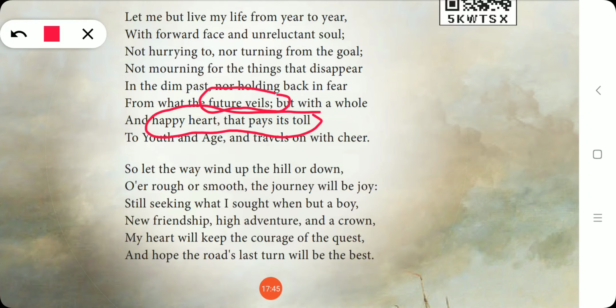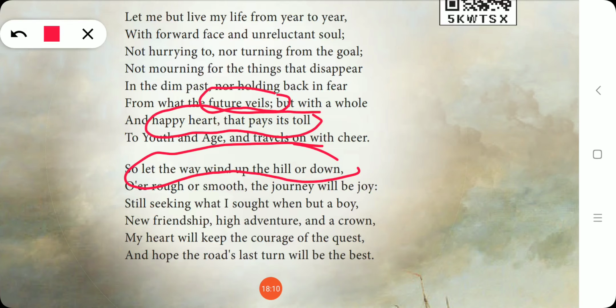Now see one more example of personification: let the way wind up the hill or down. So will the way be able to wind itself? Only a human being can make the way wind. The way itself cannot wind.